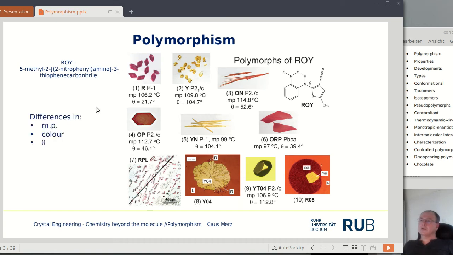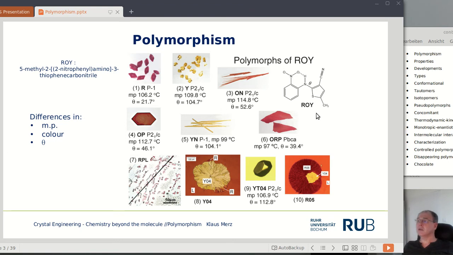And have a look at the melting point differences. Here, for example, we have a melting point of 97. On the other side, you see we have a melting point of roundabout 115. This is a difference of around 18 degrees. Okay? A melting point difference, and we talk about the color, all with different colors.